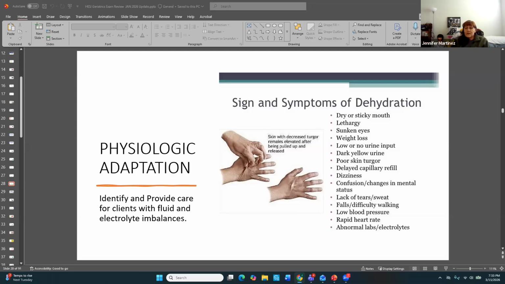So when we look at the signs and symptoms of dehydration in our elderly population, dry or sticky mouth, and I'm sure everybody has been a little bit dehydrated at some point in their life. Even when you're extremely thirsty, think about how your mouth feels.